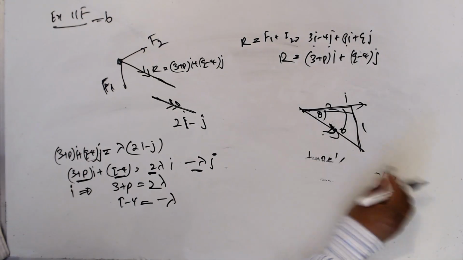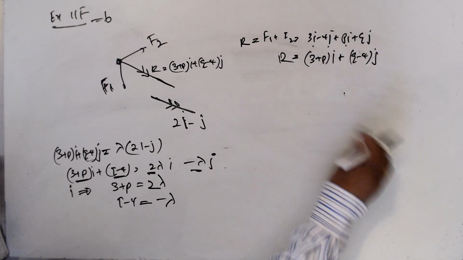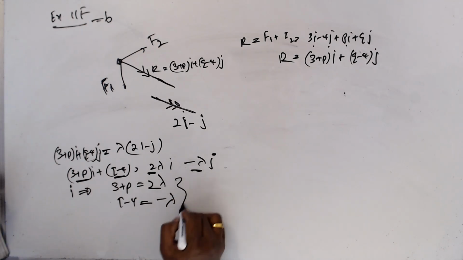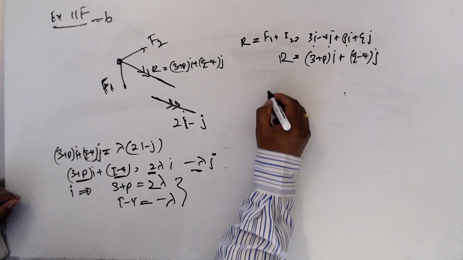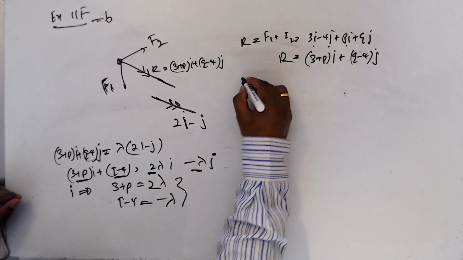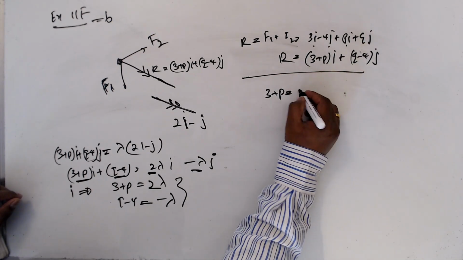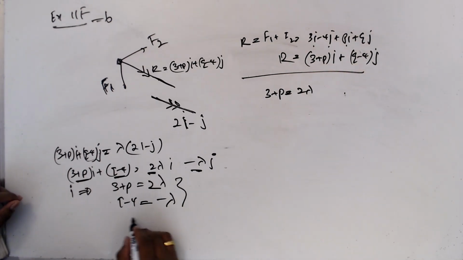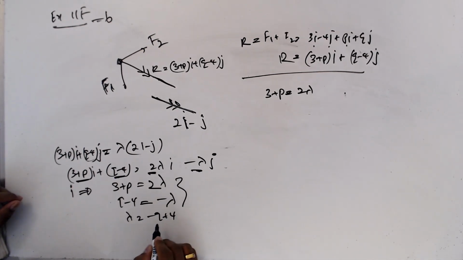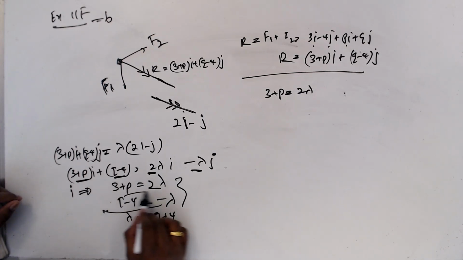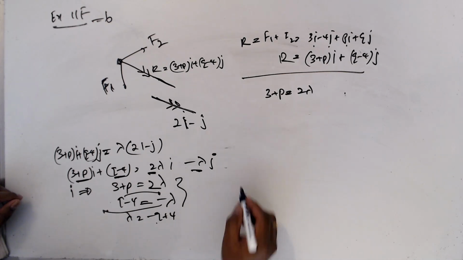Now I can see an equation without lambda. So 3 plus p equals 2 lambda. From the j equation I can write lambda equals minus q plus 4. I bring lambda to here and these to the other side: lambda equals minus q plus 4.